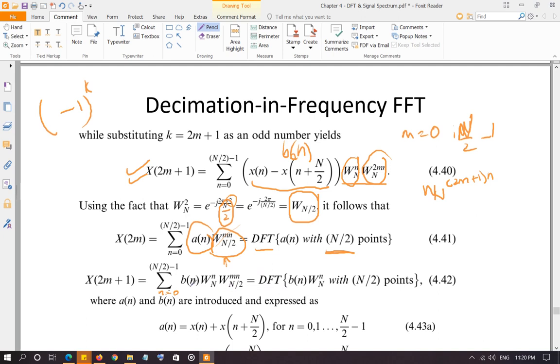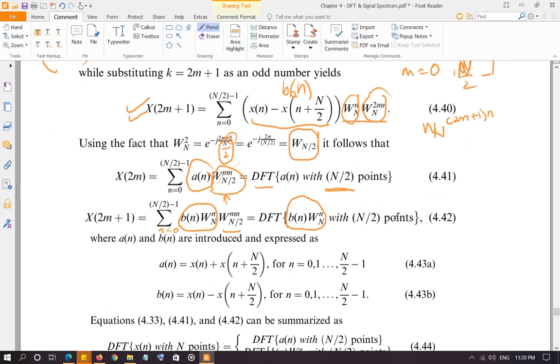So this is again a DFT of the whole thing, b[n] W_N^n with N/2 points. This becomes your sample now, and you are taking the N/2-point DFT of this sample. And again this is a[n] and b[n], where n goes from 0 to N/2 minus 1.